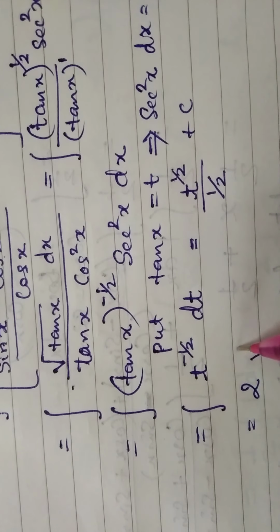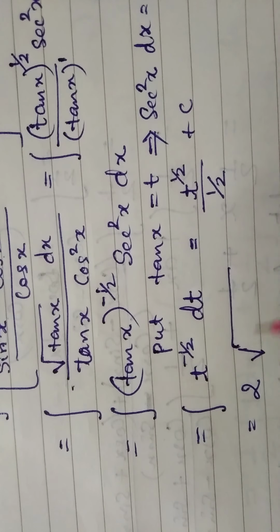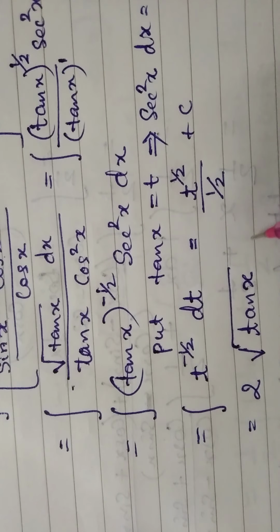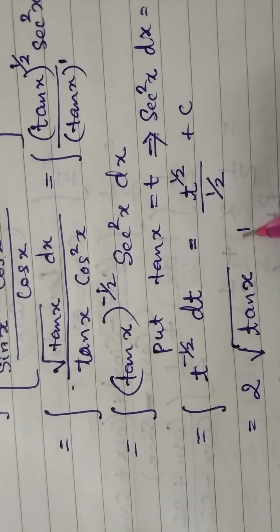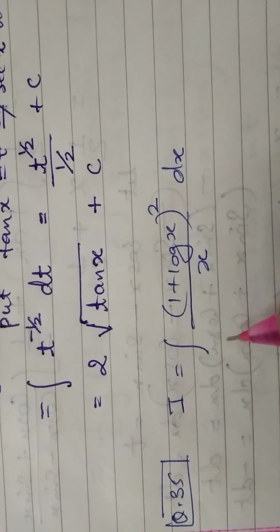Anything raised to half I can write as under root, because power half means under root. And the value of t was what? The value of t was tan x. So I resubstitute, and therefore I get my answer: 2 root of tan x plus c. Let's move to the next question.